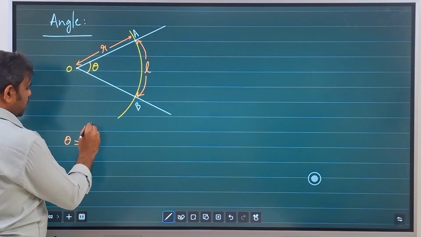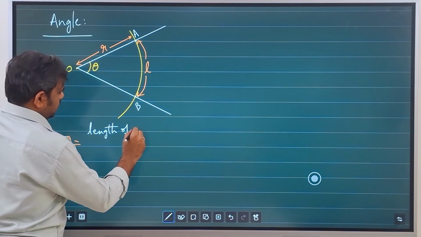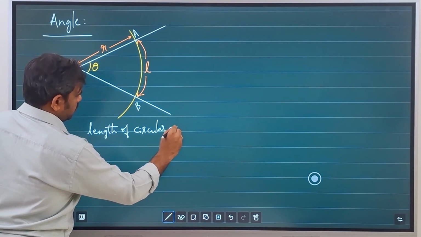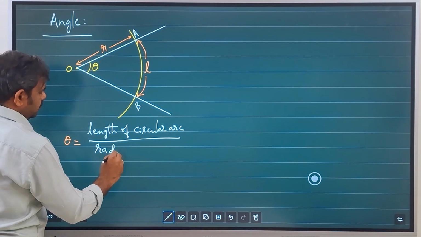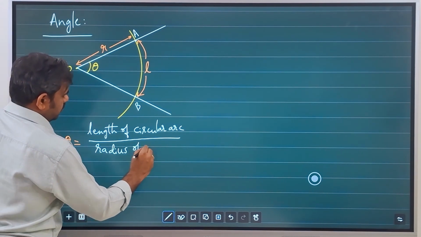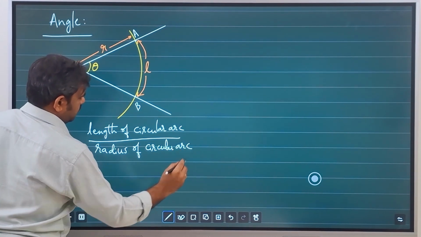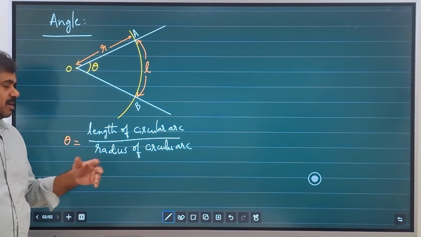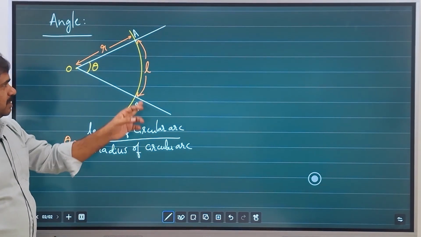So here theta is equal to the length of the circular arc divided by the radius of the circular arc. This is called the angle between the two lines. You can draw an arc of any radius.